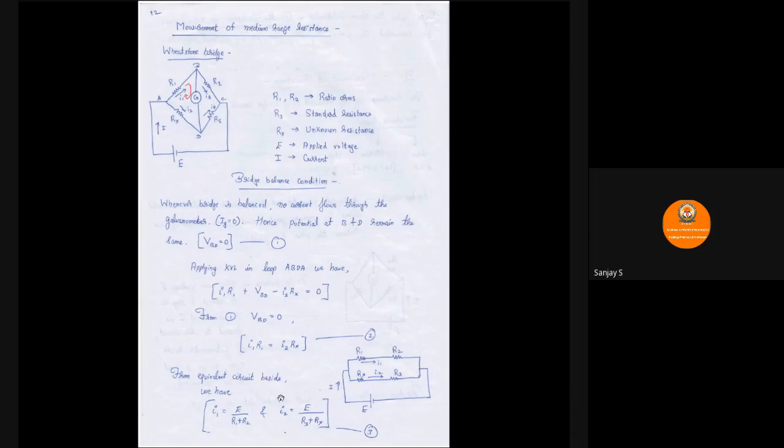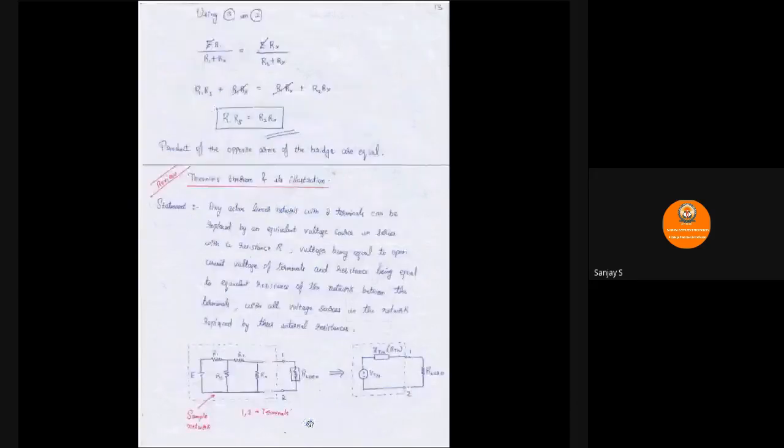Now we'll have to substitute equation number 3 in equation number 2. In equation 2, we have I1 R1 is equal to I2 Rx. In place of I1 and I2, I'm going to substitute E by R1 plus R2 and E by Rs plus Rx. So if I substitute that, I have E by R1 plus R2 into R1 is equal to E by Rs plus Rx into Rx.